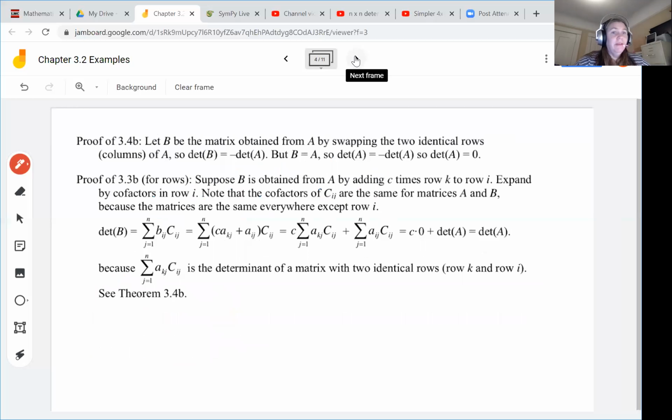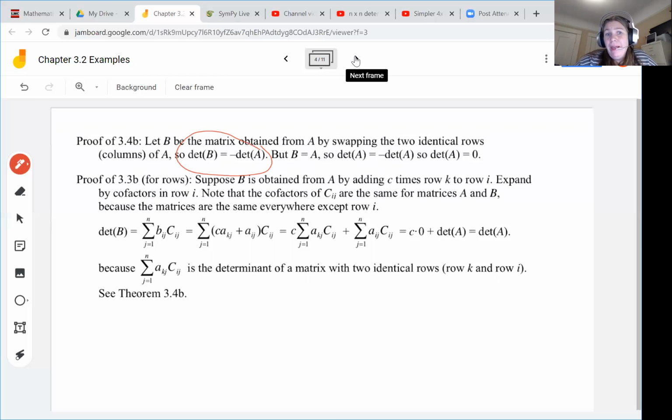All right, so now let's look at proving part b's of these theorems. So proof of 3.4b: 3.4b says that we get a 0 determinant if 2 rows or 2 columns are equal. So let B be the matrix obtained from A by swapping 2 identical rows of A. So then we know the determinant of B equals negative determinant of A based on 3.3a that we just proved.